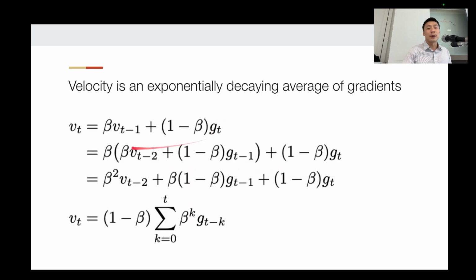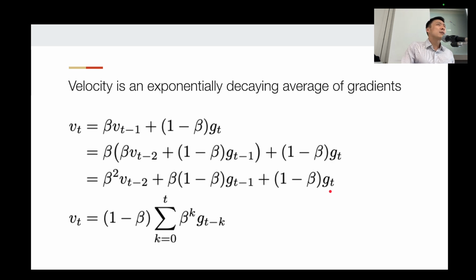Let me do that for you. So v t minus 1 is equal to beta v t minus 2 plus this guy, right? This is not so hard to prove, right? All I did is expand this term, v t minus 1, and that is what you get. And you multiply beta into this bracket, and this is what you get.